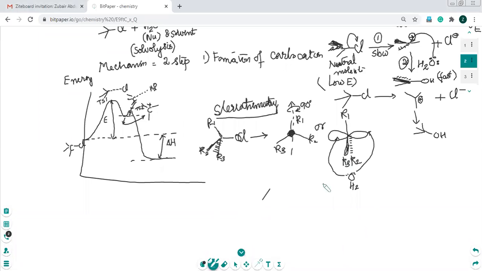Okay. And so, what are the possible products? You will get two products, in which one OH is on this side, plus a product in which OH is on the opposite side, plus the mirror image of this.